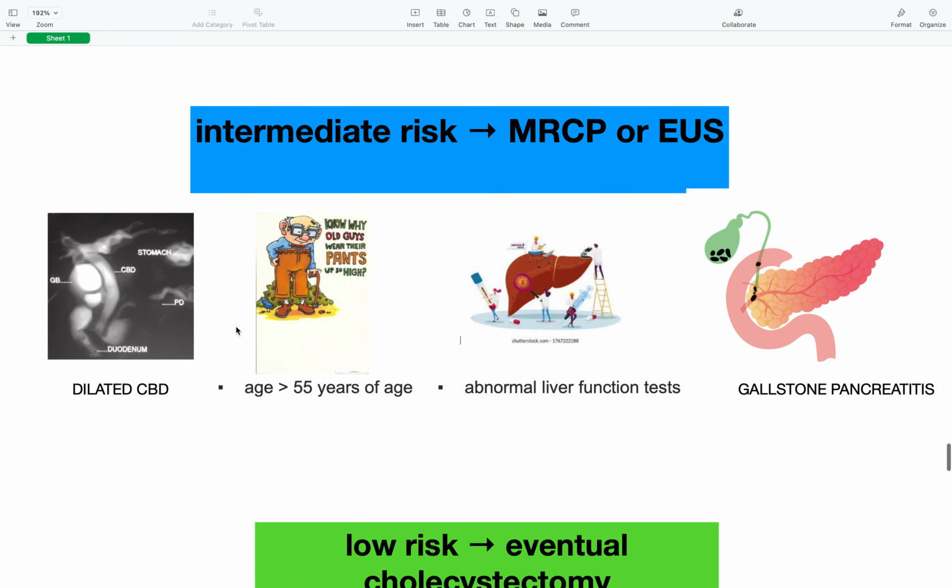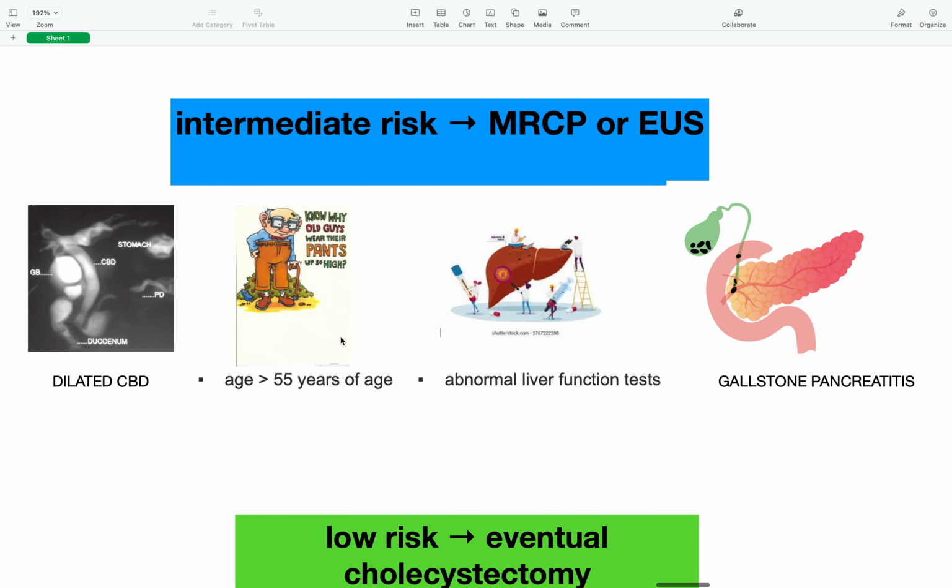Who are these people? Patients who present with a dilated common bile duct on ultrasound, patients who are more than 55 years of age, older patients, abnormal liver function tests, and gallstone pancreatitis. So these patients fall under intermediate risk and will need an MRCP or endoscopic ultrasound.